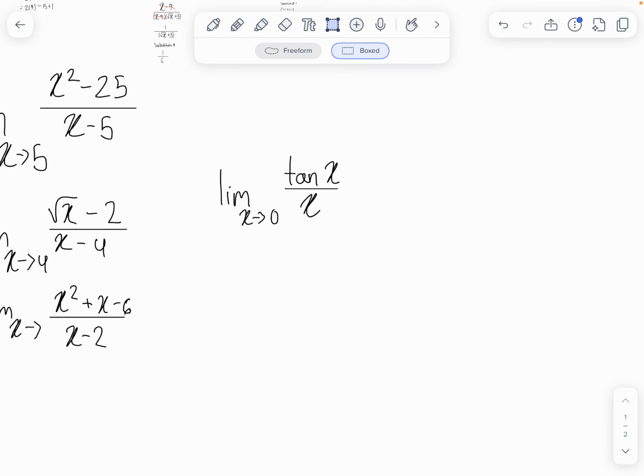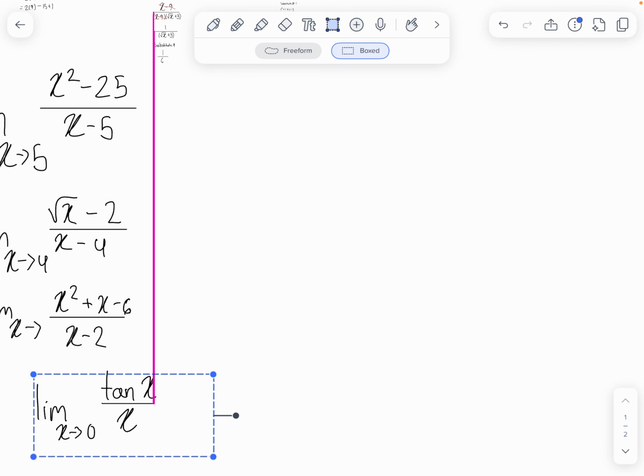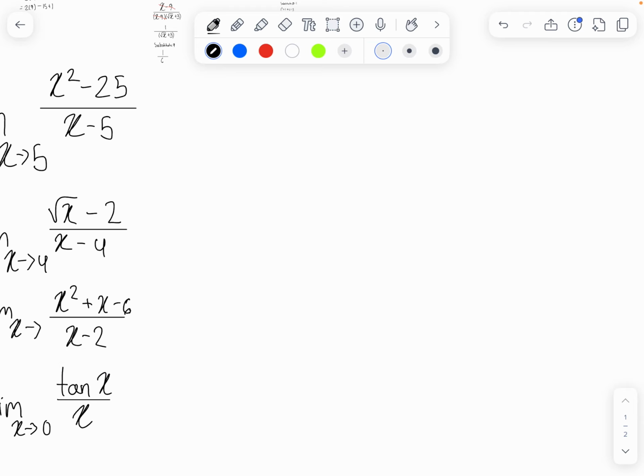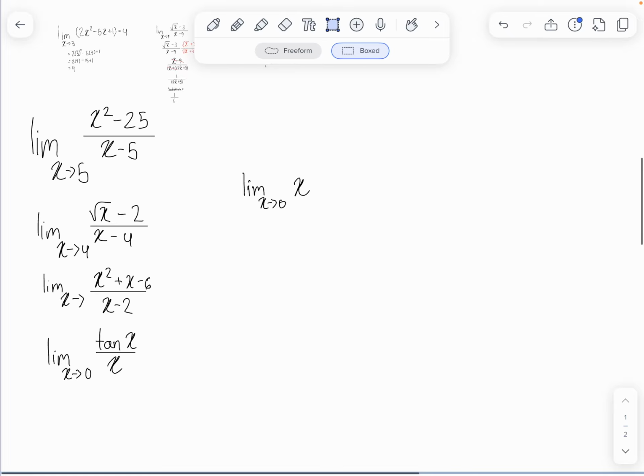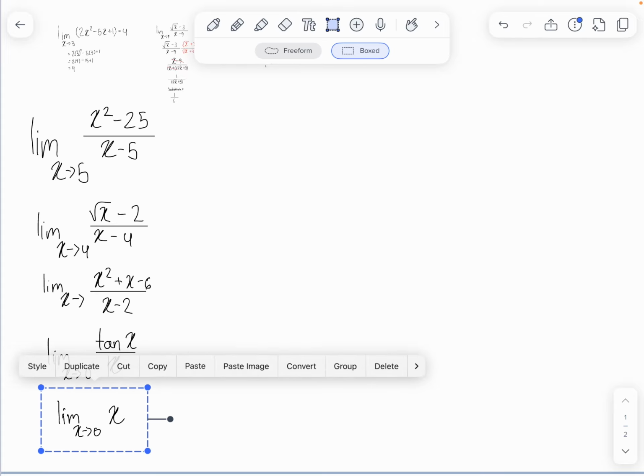And for our last question, let's do something easy for a cool down. What is the limit as x approaches 0 of x? So yeah, do those questions. You can pause the video, and I'm going to be answering them.